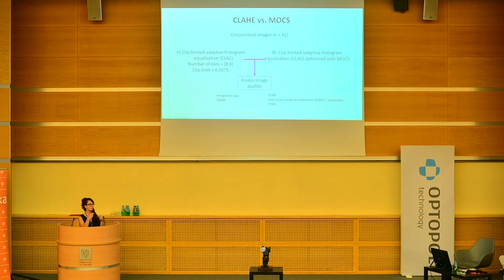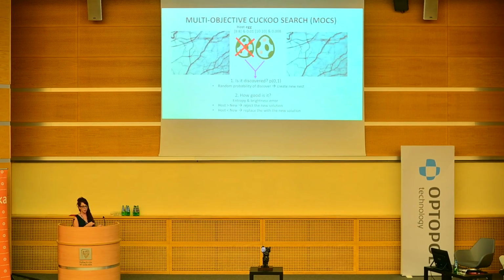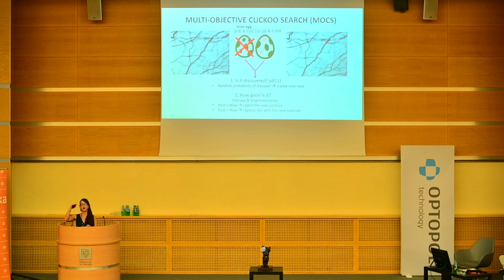And this is repeated, and that's why our solution is getting better and better. Here I was talking about one nest, but this is done with 60 nests at the same time. That means I have 60 solutions that are all improving at the same time. And at the end, I will just keep the best solution, and I will reject all the worst solutions.